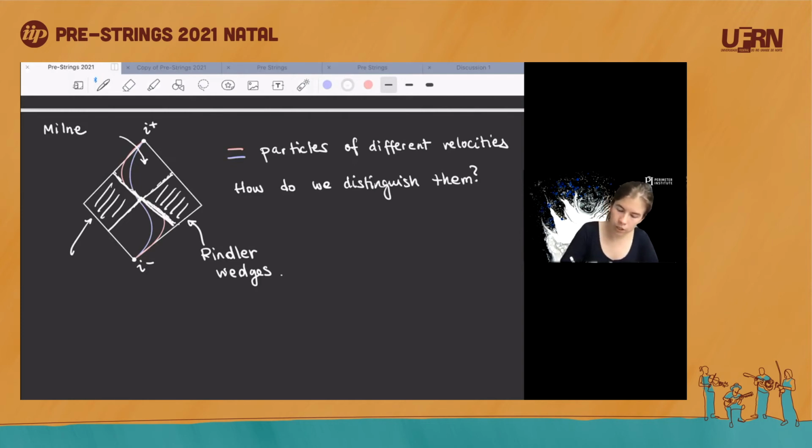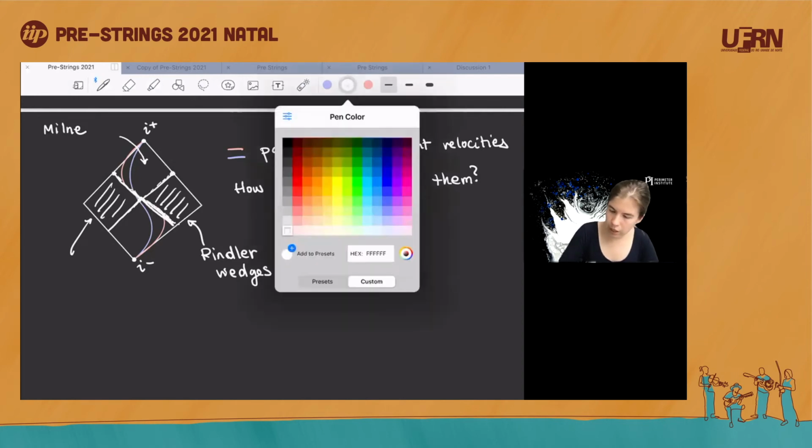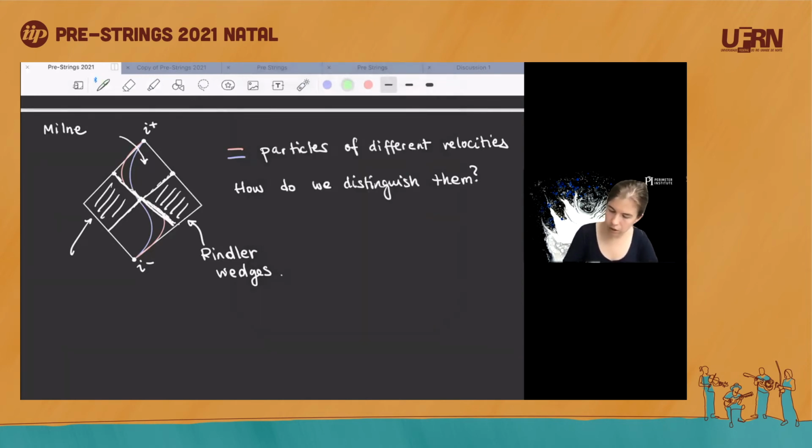So let's focus on the future light cone, and let's slice it as follows. We can introduce a particular slicing, which looks something like this.